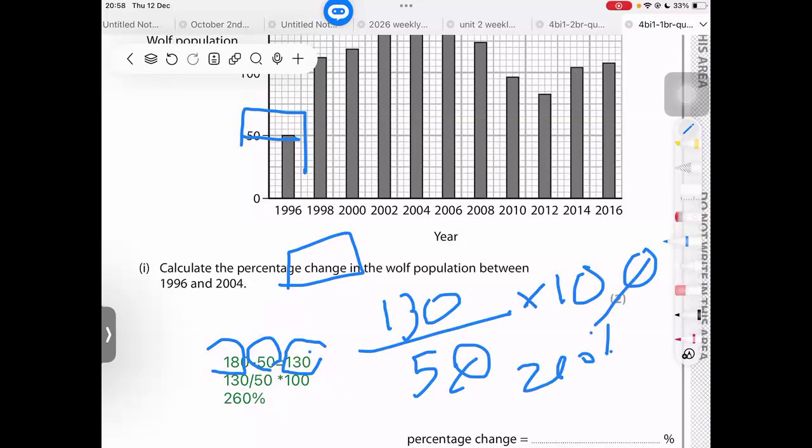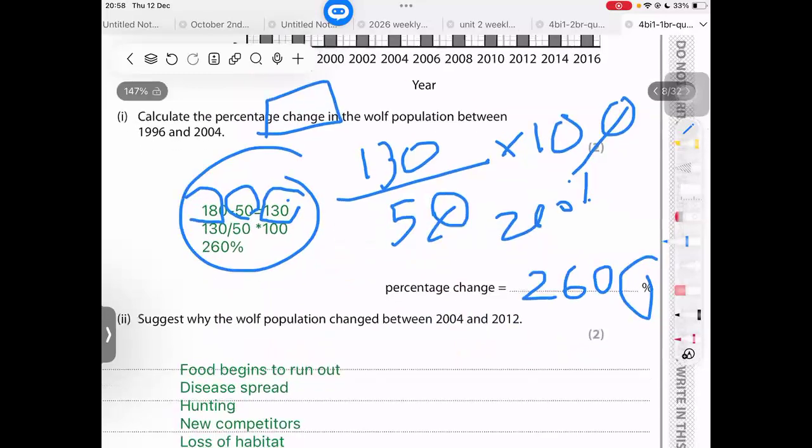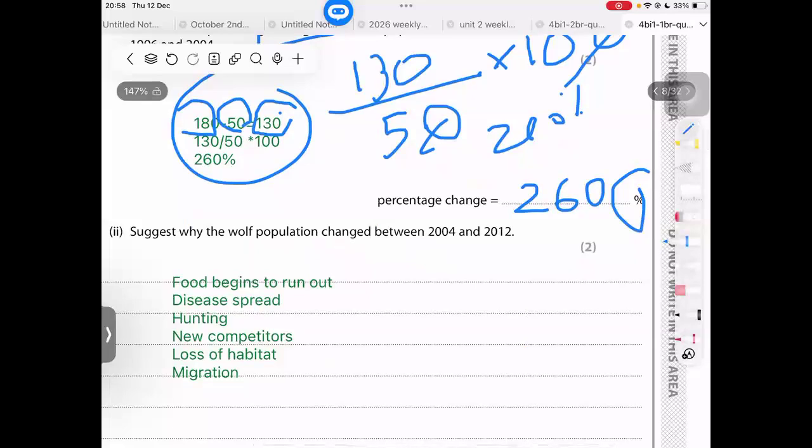If you have written just 260% without writing any workings, you can get the 2 marks. But it's always better to write the workings in the space that they have provided. So 260%.